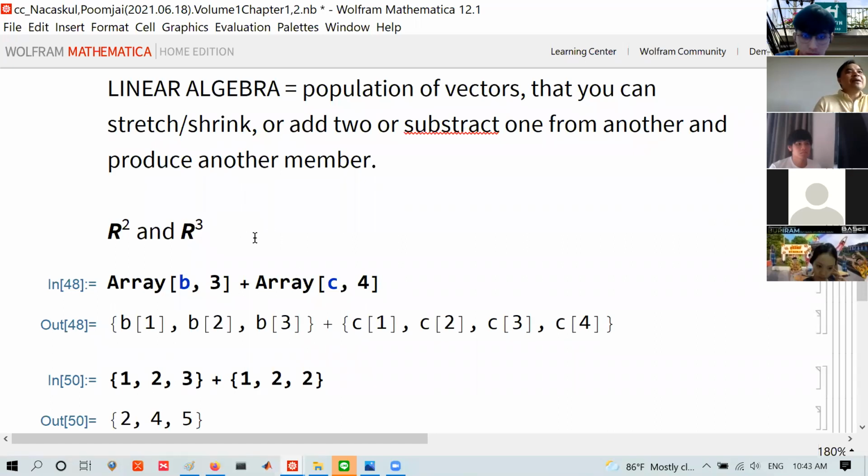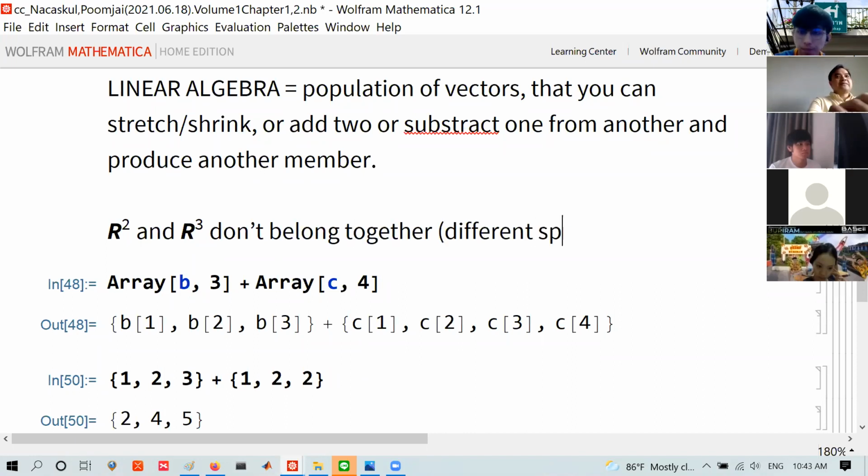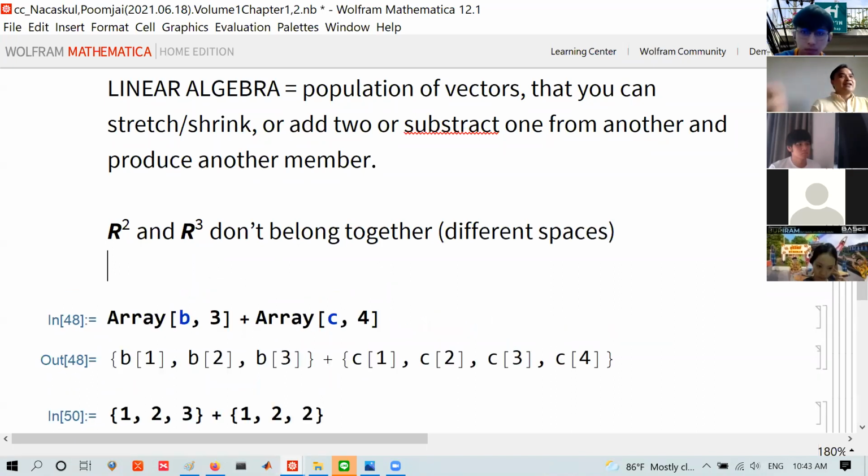Now, what about this? They don't belong together. Different spaces. They don't mix. What about R2 and N2?